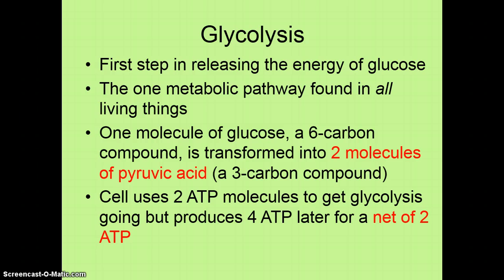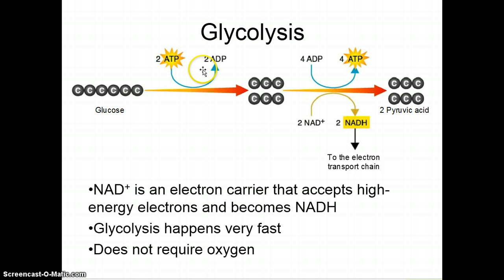So you take glucose and you break it apart into 2 molecules of pyruvic acid. The cell uses 2 ATP molecules to do that, but it also produces 4 ATP molecules during glycolysis, so there's a net gain of 2 ATP molecules during glycolysis. So in glycolysis, you have the 6-carbon glucose, which is broken down into 2 3-carbon pyruvic acids.